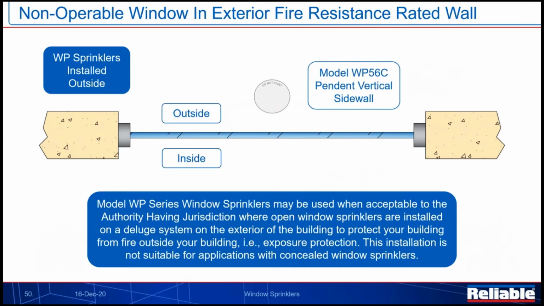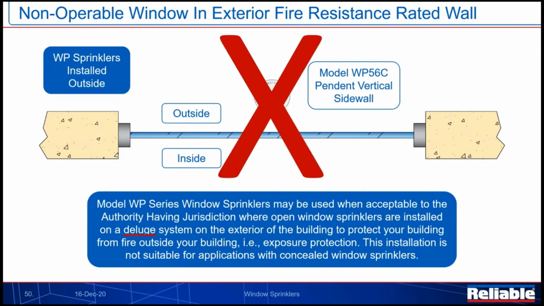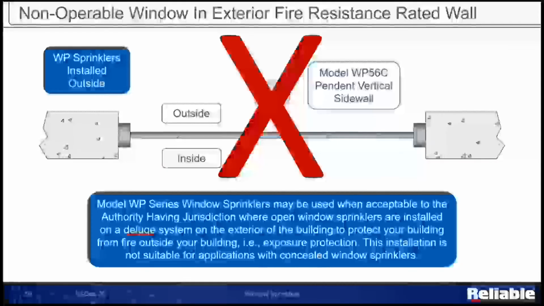That really isn't going to work because this is meant for deluge systems. So the WP56C, even if you remove the operating element from it, we still have a concealed cover plate on top of it. So it really just doesn't mix well with deluge applications. So it's not going to be acceptable to use this on the outside of a building in this exterior exposure application.